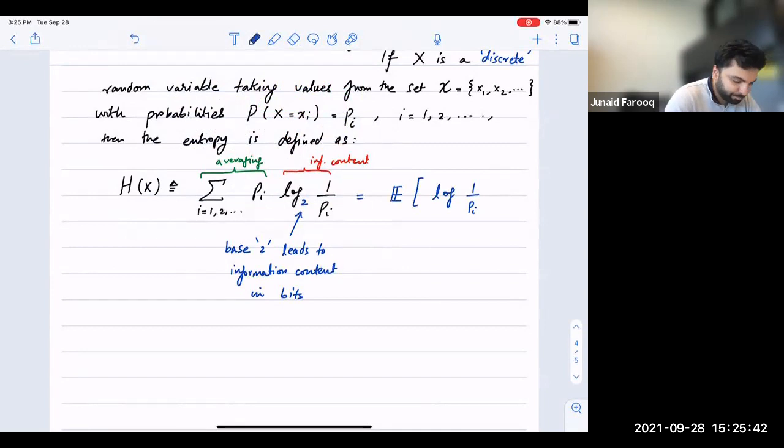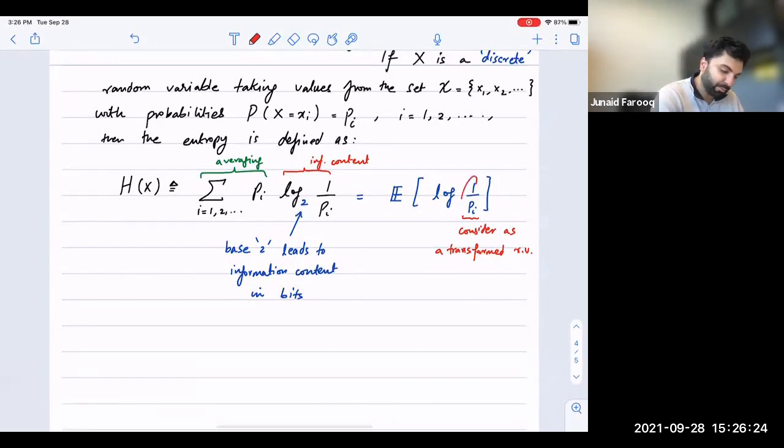I mean, this can only be written if you consider this as a new transformed random variable, because for its expectation, there need to be values, and there need to be probabilities.